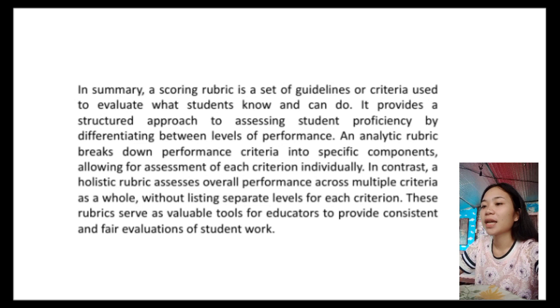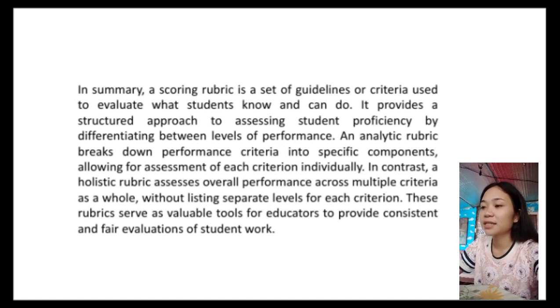In summary, a scoring rubric is a set of guidelines or criteria used to evaluate what students know or can do. It provides a structured approach to assessing student proficiency by differentiating between levels of performance. An analytic rubric breaks down performance criteria into specific components, allowing for assessment of each criterion individually.